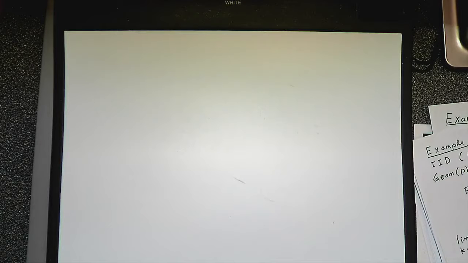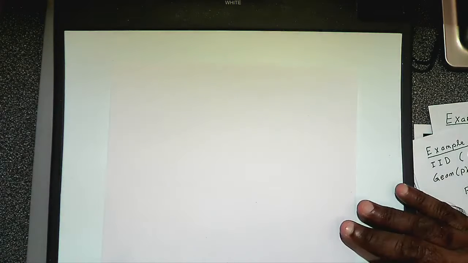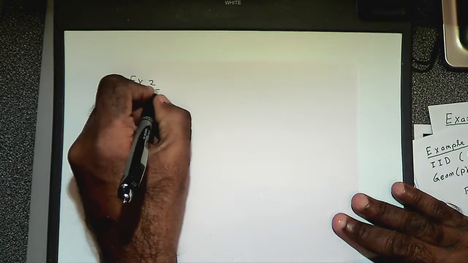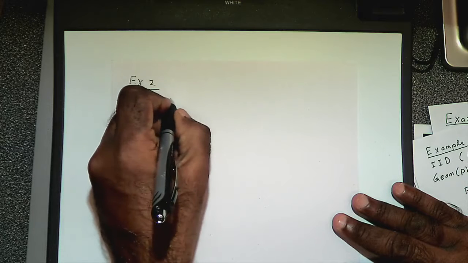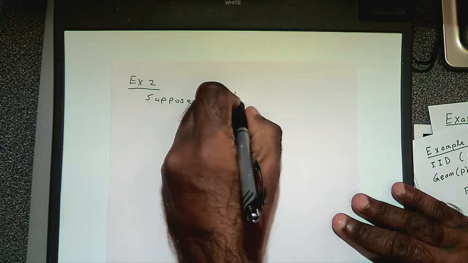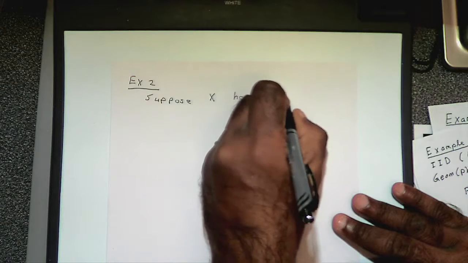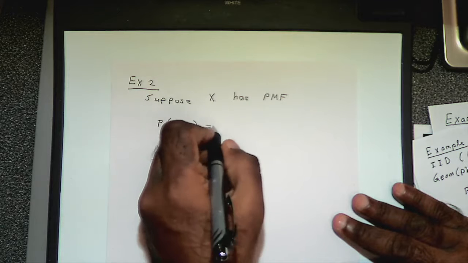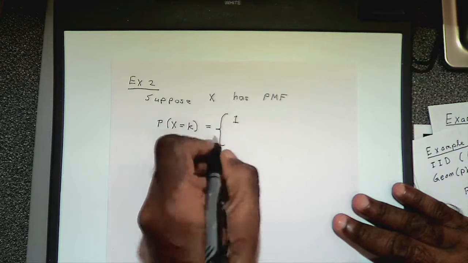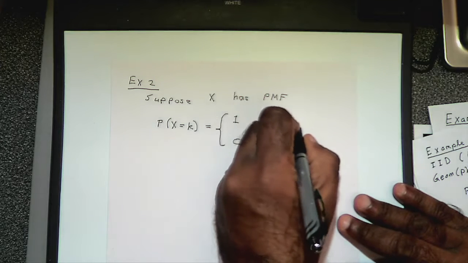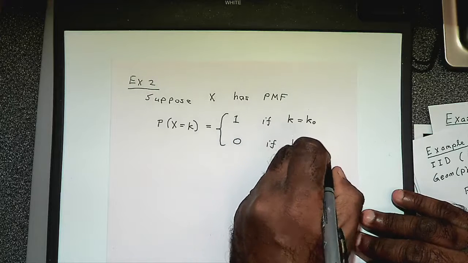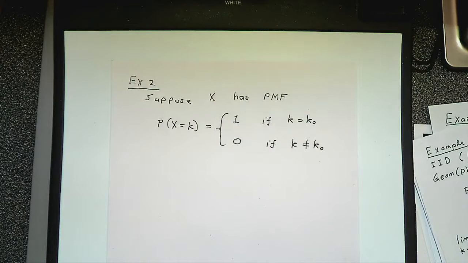The next example is example 2. Okay, in this case, what do you think the answer will be?